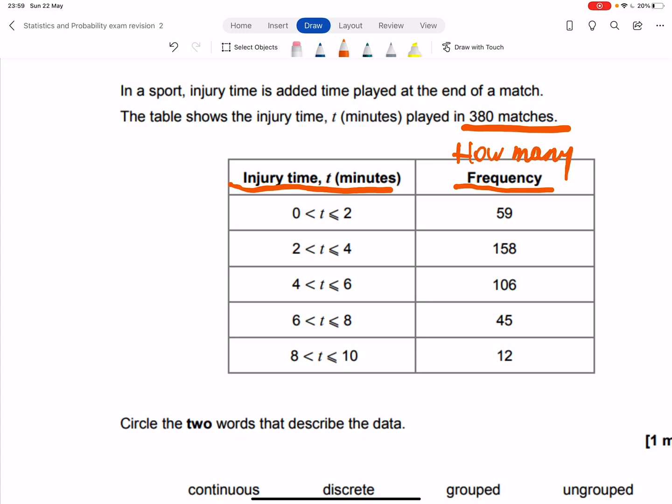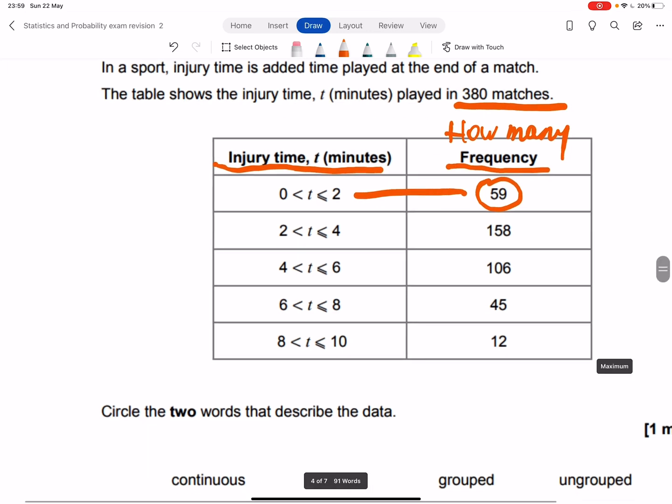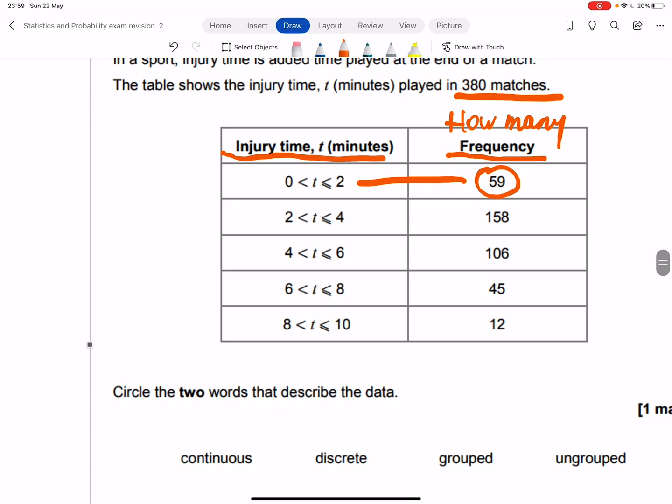So in this case, it's a number of matches. For example, the first line here will read like, in 59 matches, the injury time was from 0 to 2 minutes. The second line will read like, in 158 matches, the injury time was from 2 to 4 minutes, and so on.